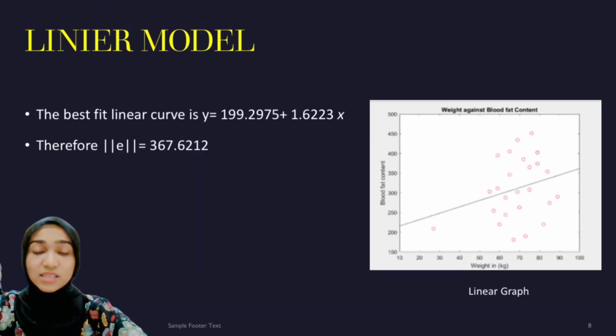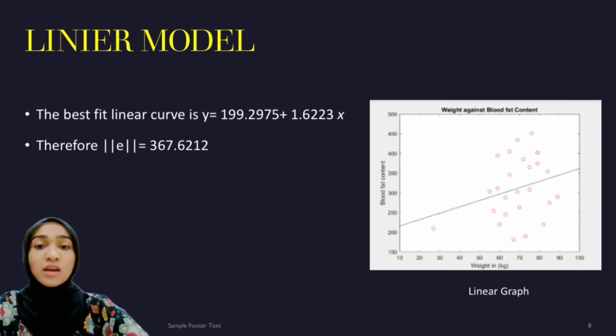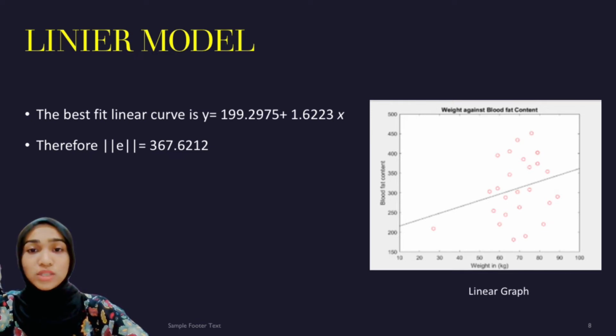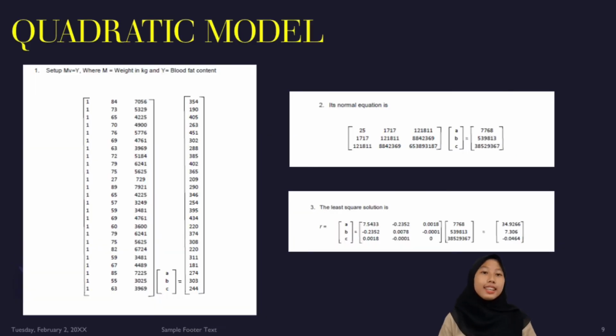From the least square solution, we can obtain the fit linear curve, which is y equal to 199.2975 plus 1.6223x. From the error, we can find the error magnitude, which is 367.6212.